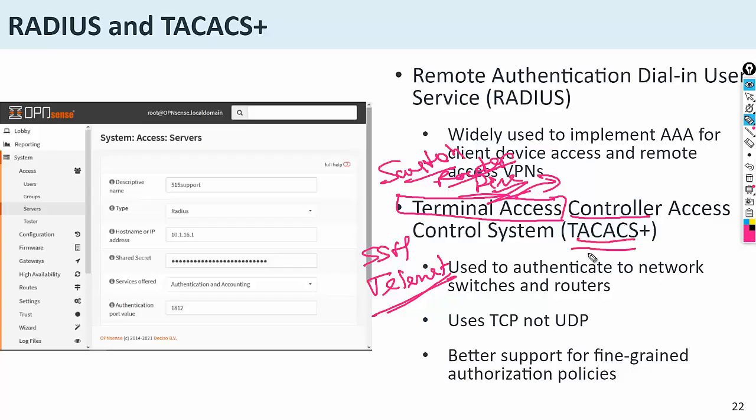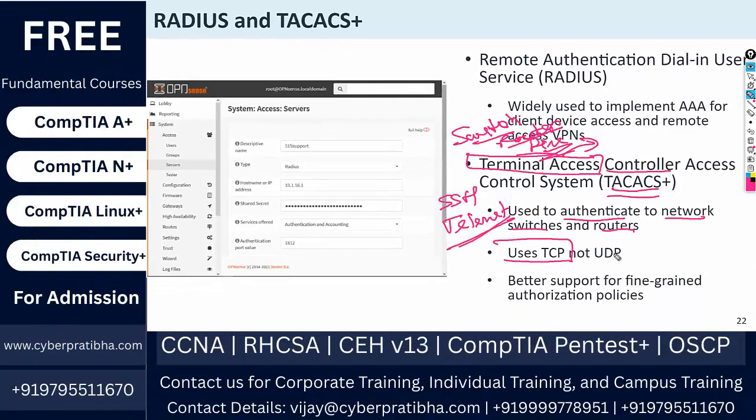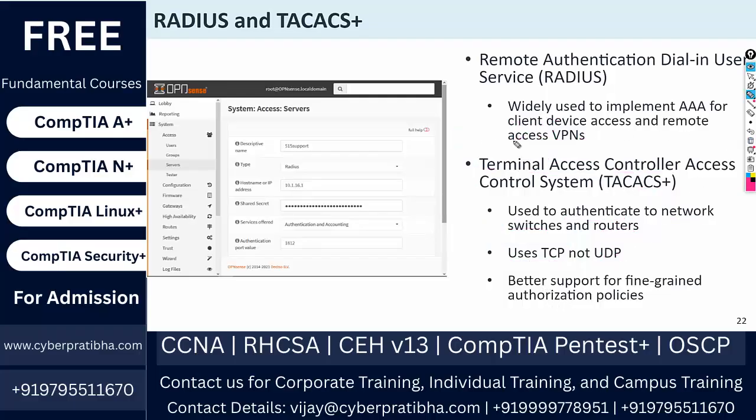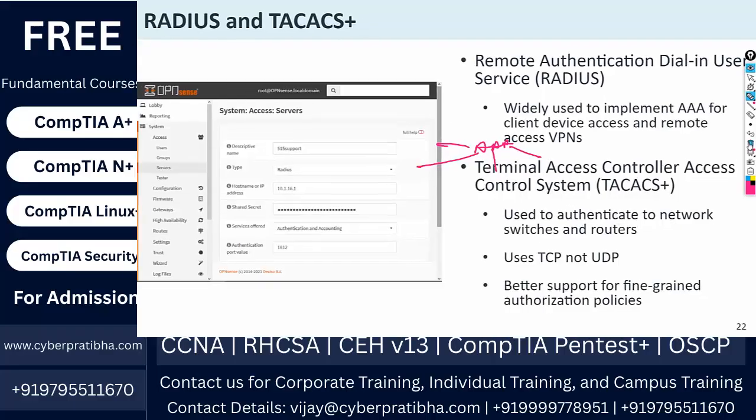So this TACACS server is used to authenticate to network switches and routers. It uses TCP for maintaining the connection, not UDP. It has better support for fine-grained authorization policy, and this is also an AAA server: authentication, authorization and accountability.